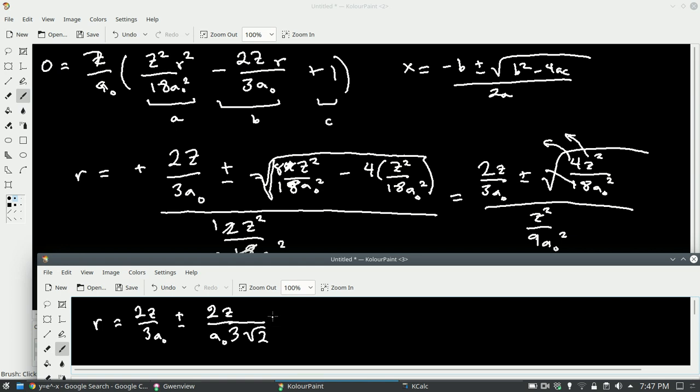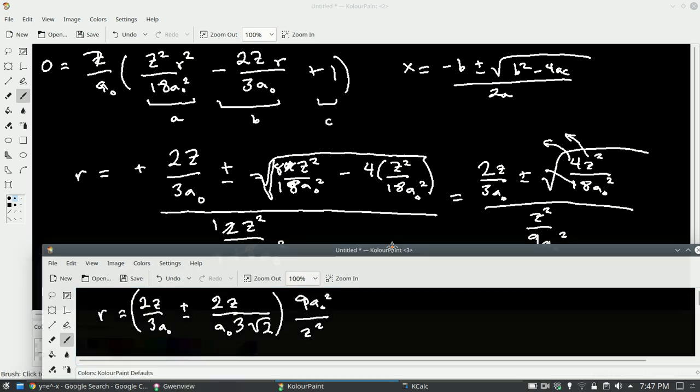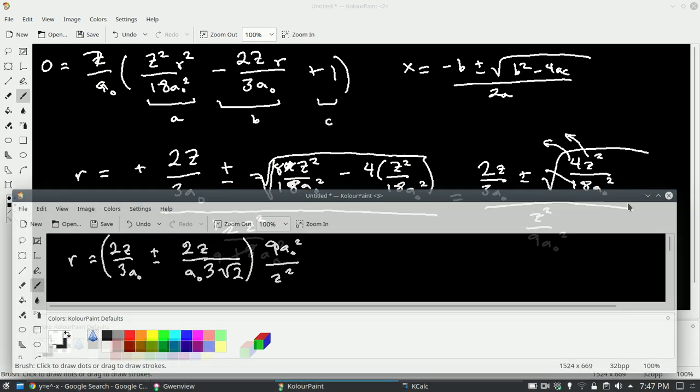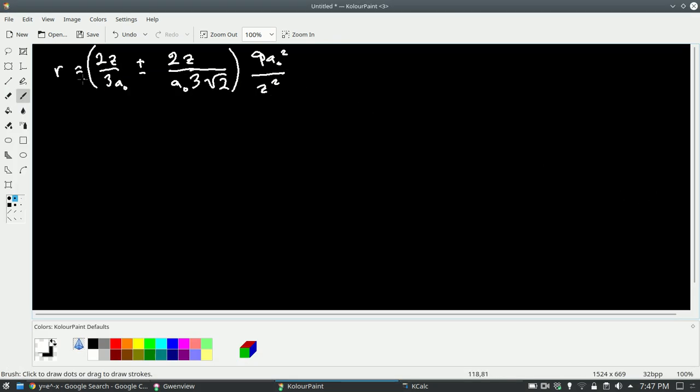Okay? All right, and now all this is divided by z squared over 9a naught squared. When you divide, that's like multiplying by the reciprocal. So 9a naught squared over z squared, like that. Okay. So the r is this plus or minus all that stuff.